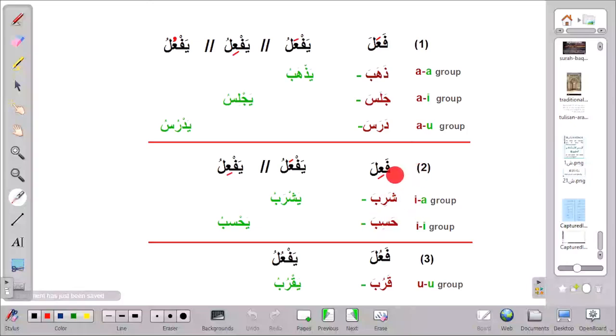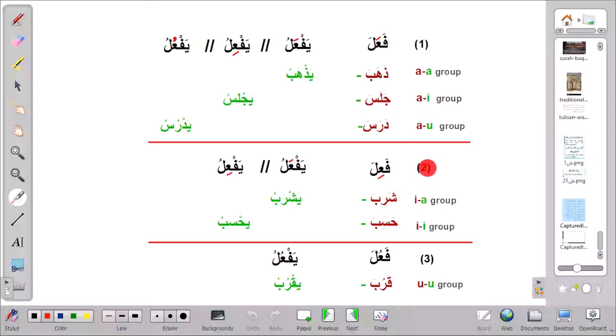Now, if it is having the kesra in the middle, there are only two possibilities. There are only two possibilities. So when the verb has kesra on the ain kelima, I'm talking about three-letter verbs, of course, example shariba, hasiba, they are not like this one which has fatha, fatha, fatha.